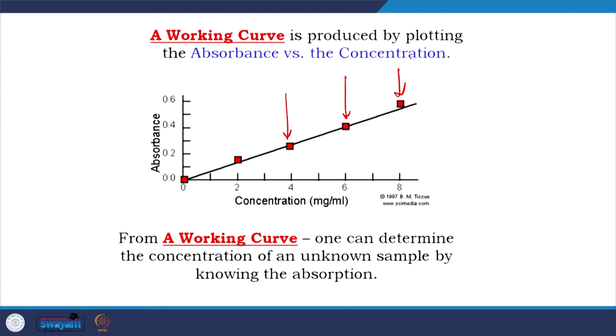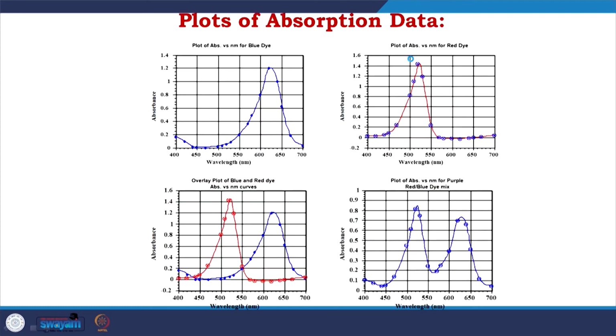This is what is greatly used. Suppose this is a plot of absorption data: you have a plot of the blue dye, you have a plot of the red dye. Now you overlay the plots and you could have the plot of absorption versus nanometer of the red and blue dye mix.